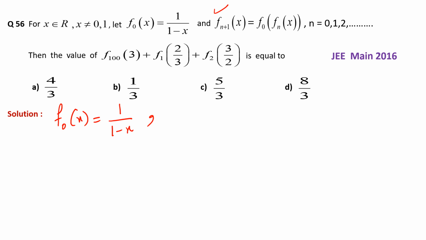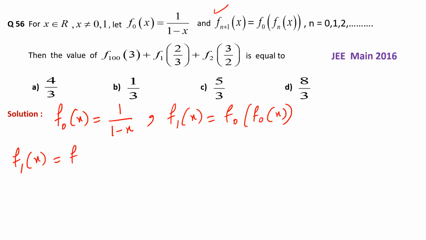So if I put n equal to 0 in this relation, I will get the value of f1 of x equal to f0 of x. Now from here I can write f1 of x equal to f0 of, just put the value of f0 of x inside the bracket, so it becomes f0 of 1 upon 1 minus x.